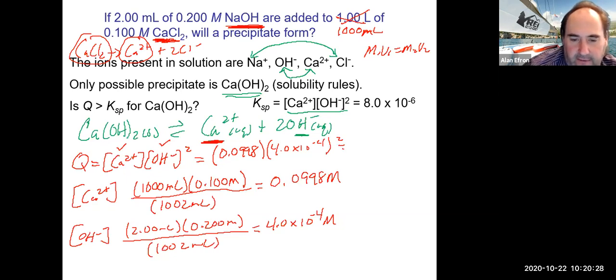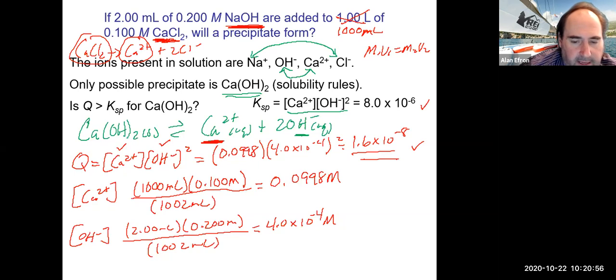And if I do all that, so we square it and multiply it by 0.0998, that is going to give me a Q value of 1.6 times 10 to the minus 8. Any questions on that?